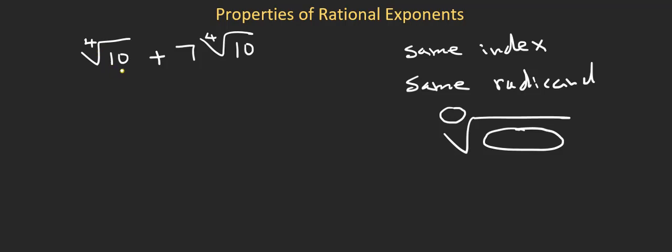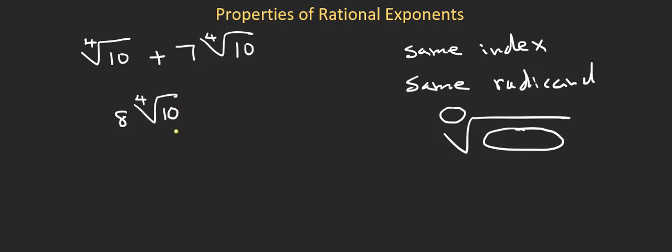So for example, you have 4th root of 10 plus 7 times 4th root of 10. They both have the same index of 4. And what is the radicand? 10. So we can add. What's the coefficient over here? 1. So it's going to be 8 fourth root of 10.